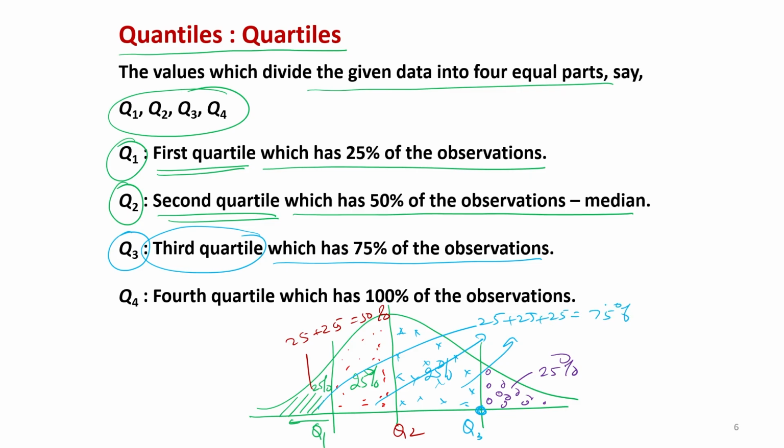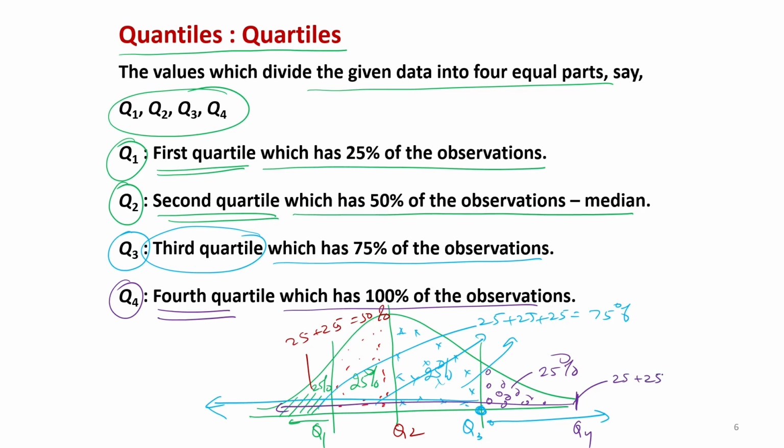So 75% of the observations lie on this side of Q3, and 25% of the points lie on the right-hand side of the Q3 value. Similarly, the last one is Q4, the fourth quartile, which has 100% of the observations. That means somewhere here is Q4, and this contains all the observations from here to here, which is 25 plus 25 plus 25 plus 25 equal to 100% of the observations.